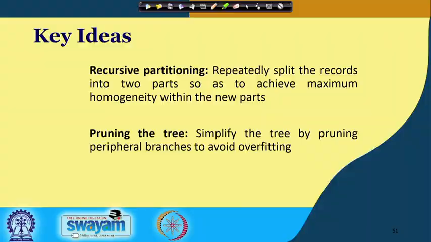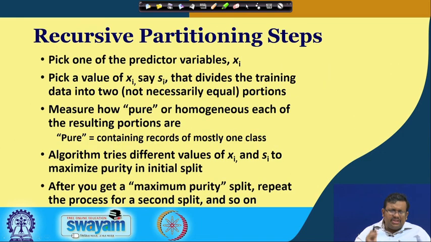Another term is pruning, which is simplifying the tree by pruning peripheral branches to avoid overfitting. We'll discuss that later on. So, let us see how we do these recursive partitioning steps.